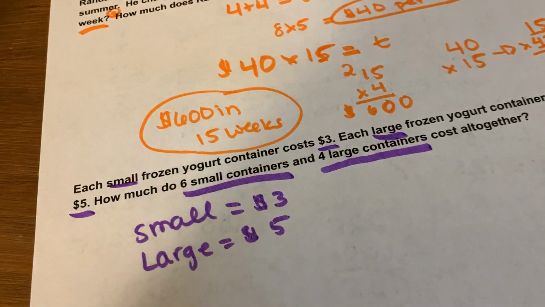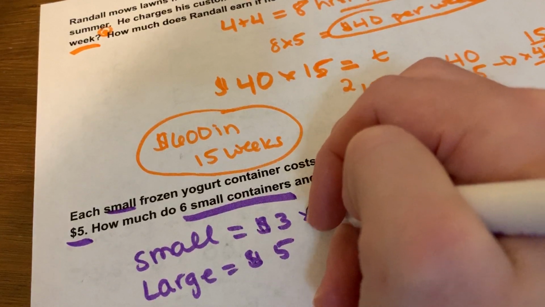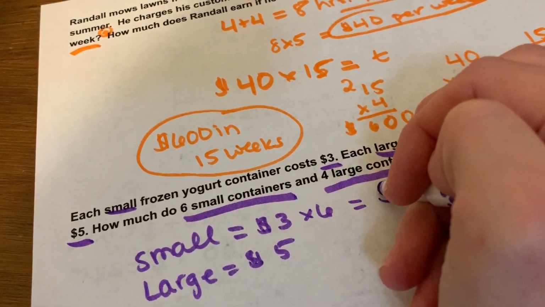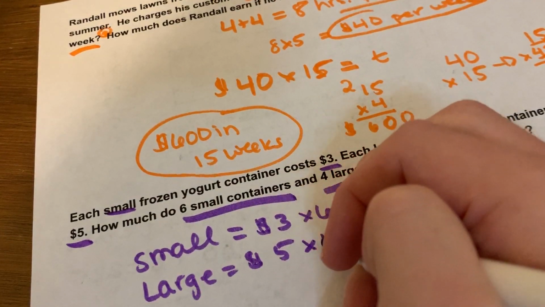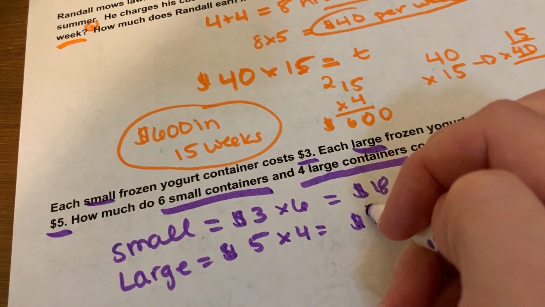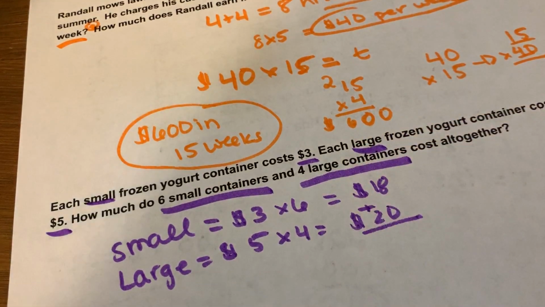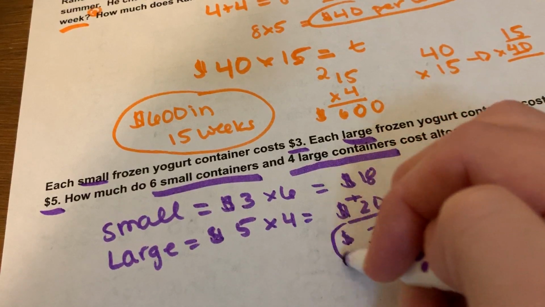I want 6 small. Well, 3 times 6 gives me 18. And I want 4 large. 5 times 4 gives me 20. I want to know how much that is all together, so I'm just going to add. And I'm going to get $38 all together.